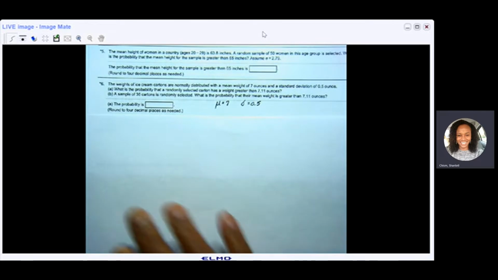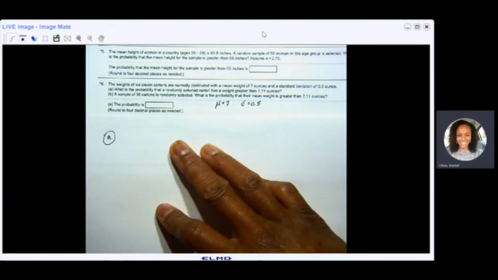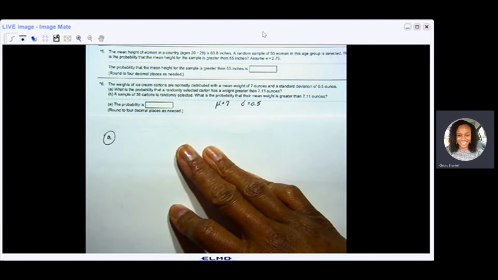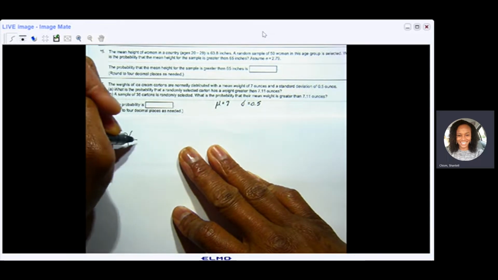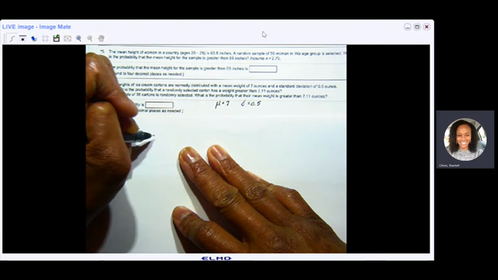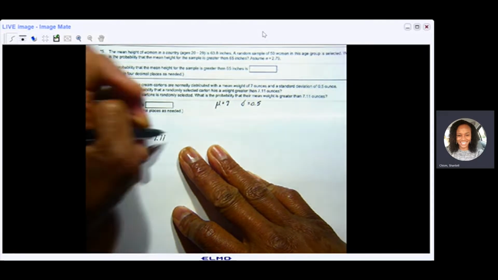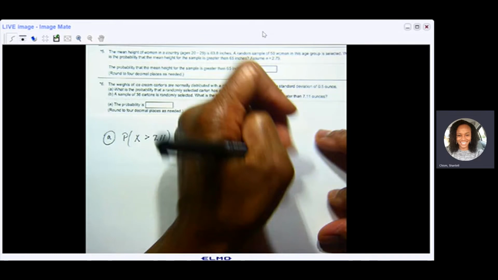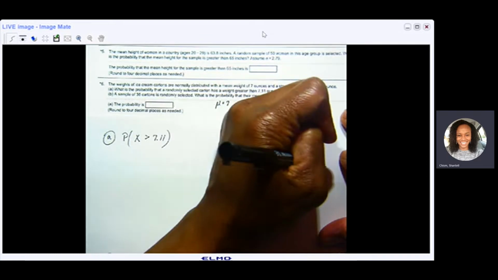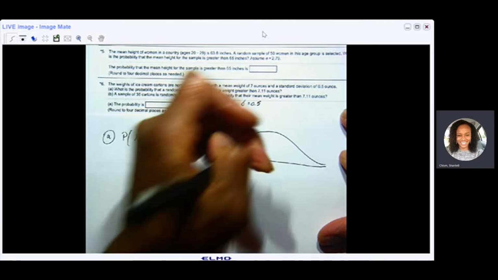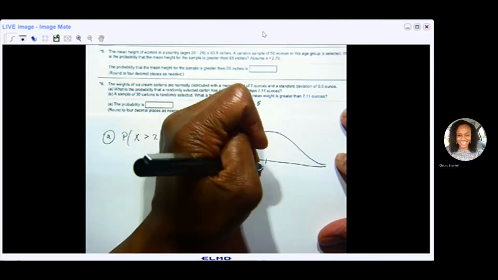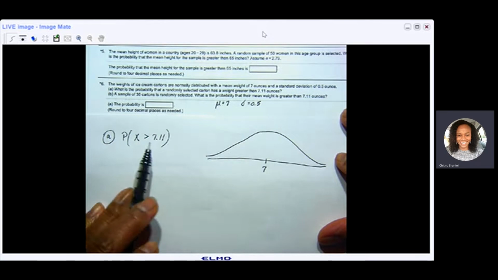On part A, what is the probability that a randomly selected carton has a weight greater than 7.11? So on part A, we're talking about a single carton X has a weight greater than 7.11.